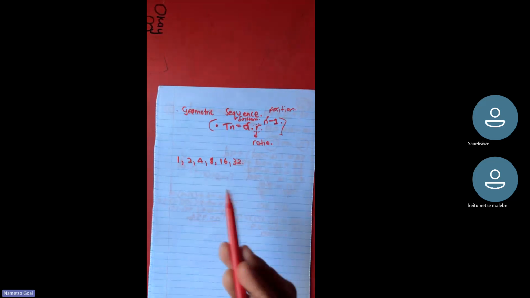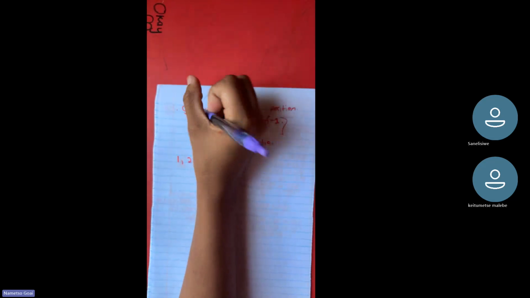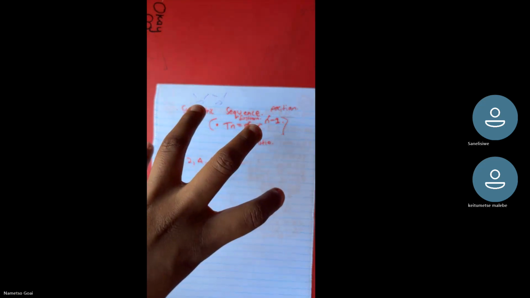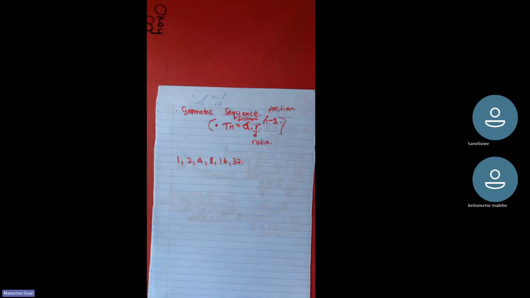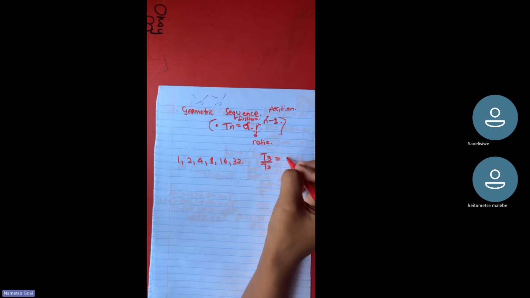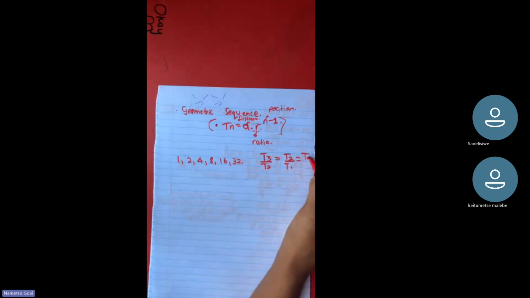Remember what I said, the difference from the other one? Remember the other one, you could just do this and say, okay, this would be like minus 3, and of course in the other terms there's going to be a minus 3 as well. But here it differs because we are supposed to have a common ratio instead of a common difference. So what we mean by that is that T3 divided by T2 should equal T2 divided by T1, which would equal T4 divided by T3.